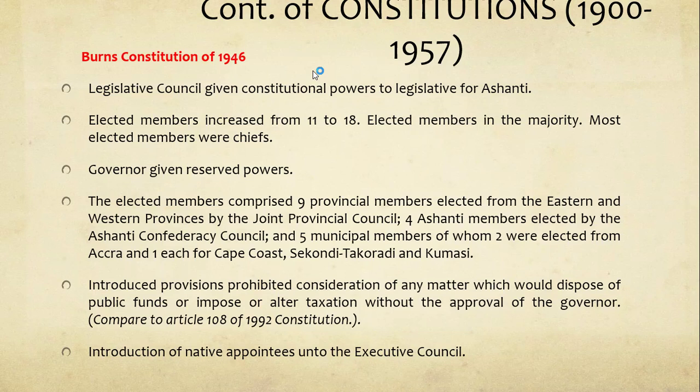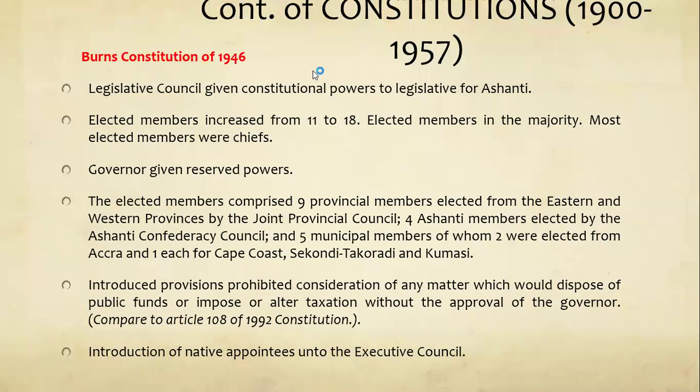It was a big reform by the colonial government, because if you examine the numerical composition of the Executive Council and the Legislative Council across the various colonial constitutions before 1946, you notice that the Europeans were often in dominance or majority.